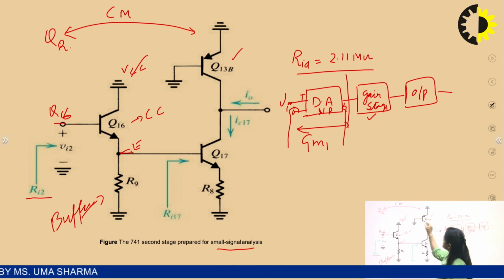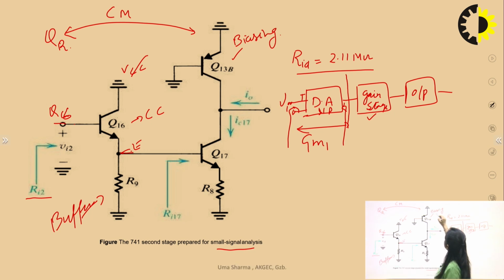Basically this transistor is used to provide biasing. We have already calculated the biasing current of Q13B, but here the use of this Q13 transistor will be in the calculation of R output of this second stage.